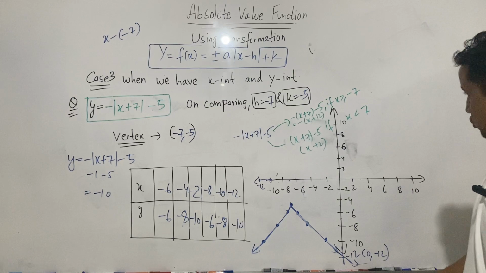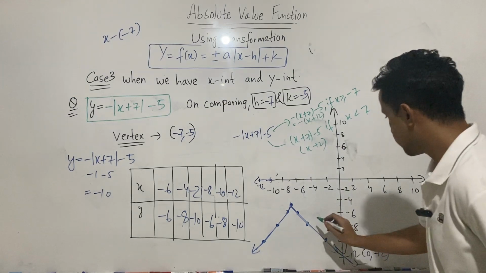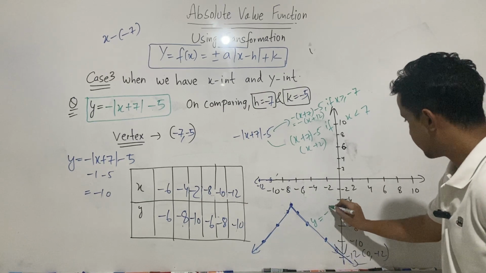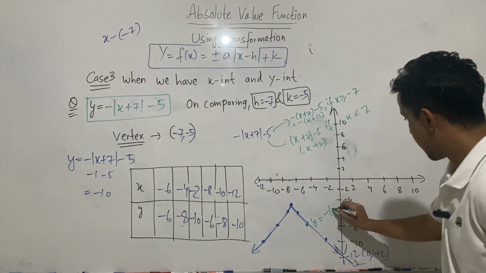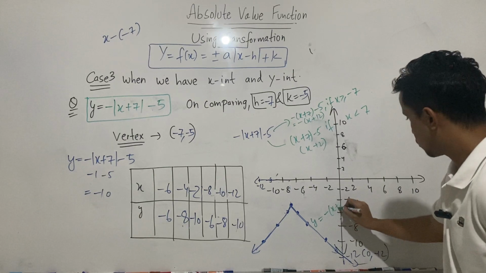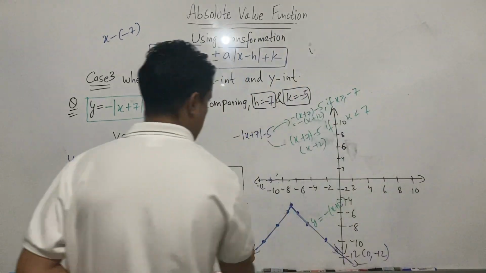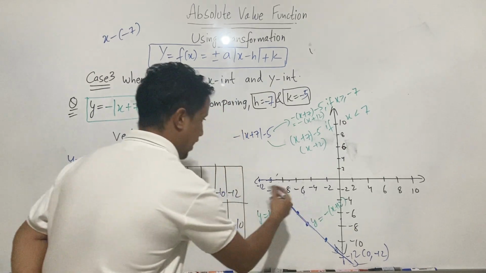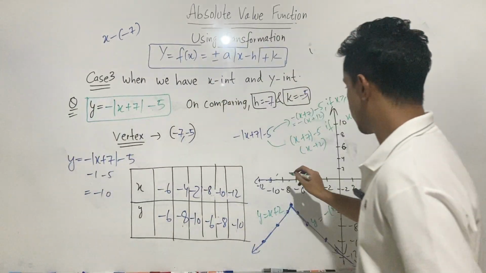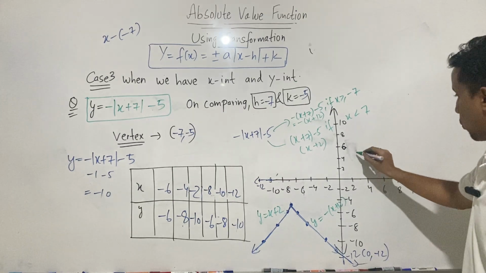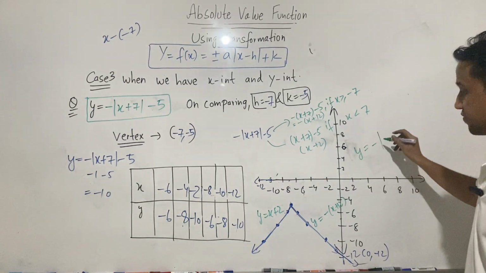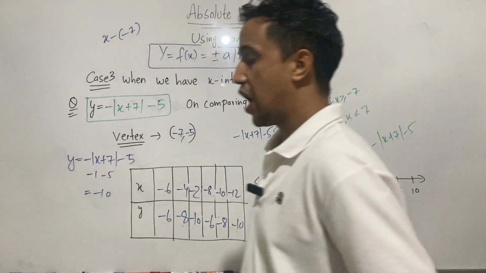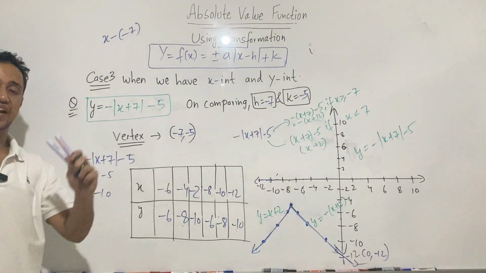So this is going to be y equals negative x minus 12, and this is going to be y equals x plus 2. This overall is the graph of y equals negative absolute value of x plus 7, minus 5. I hope it is clear.